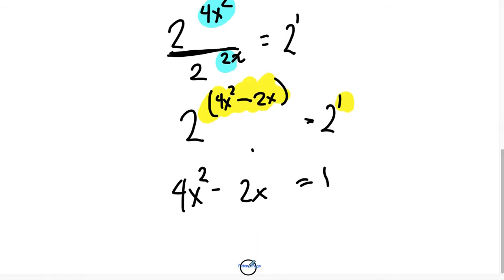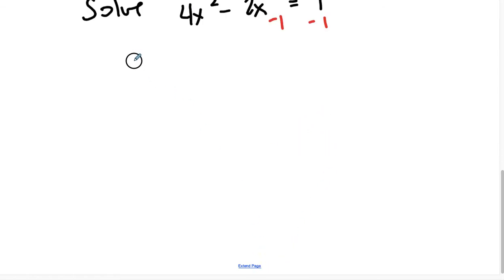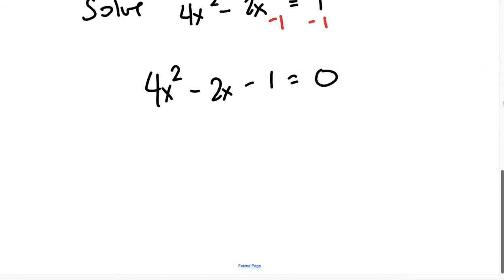In this problem, for this quadratic, I'm going to use the quadratic formula. First, I'm going to subtract 1 from both sides. So we have 4x squared minus 2x minus 1, and that's equal to 0.